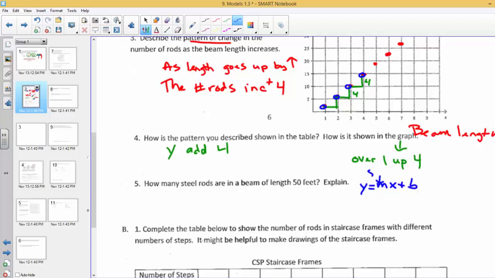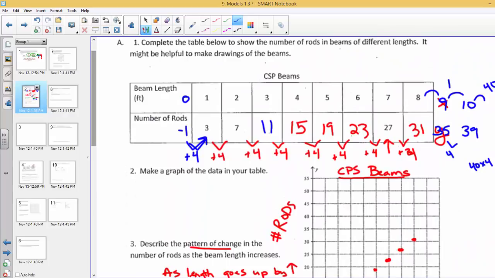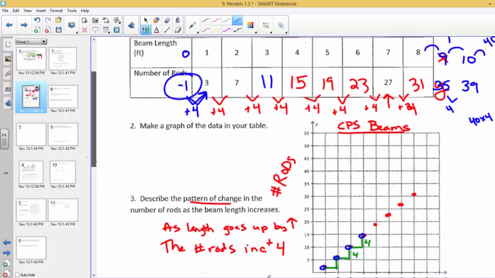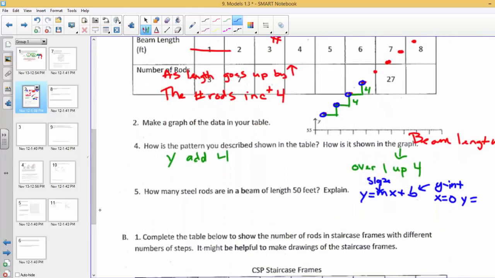M is the slope, and b is the y-intercept. So when x equals 0, what does y equal? So we just figured that out. When x equals 0, y equals negative 1. So negative 1 is your b, and your slope is 4 because you're adding 4 every time.